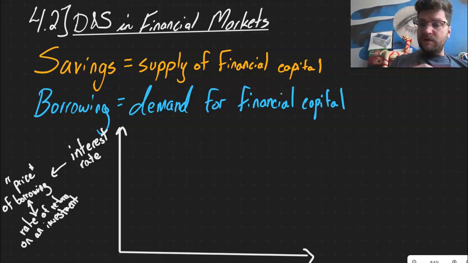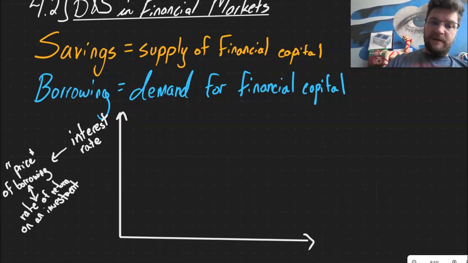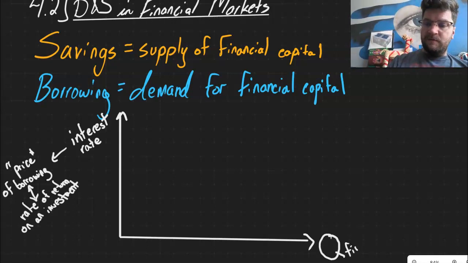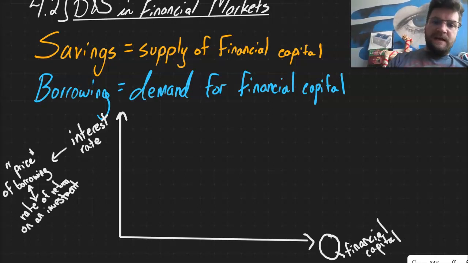So we're going to have the interest rate on the y-axis, and on the x-axis we're going to have the quantity of financial capital. We're going to have a downward sloping demand curve, which represents the borrowing.